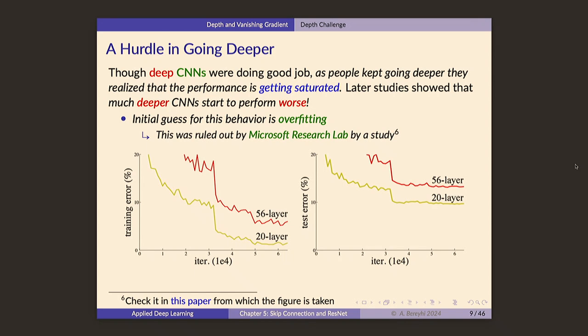Is everybody clear? So this study went through all of those computations to do 56-layer backpropagation to understand what is really happening. Is it overfitting or not? And the conclusion was obviously that it is not, because even in training this one is showing worse performance.